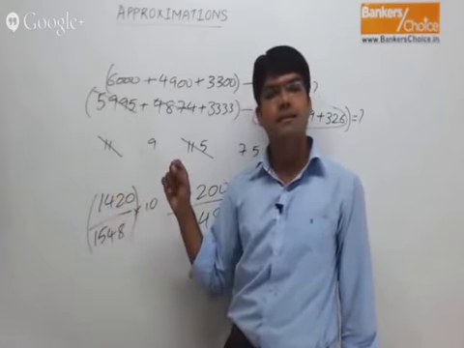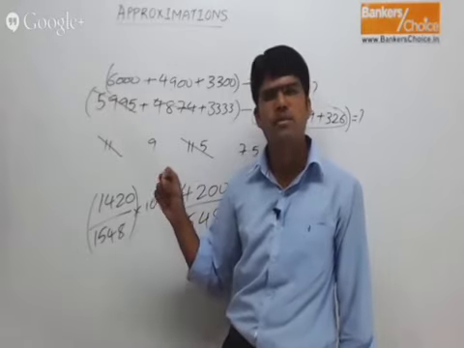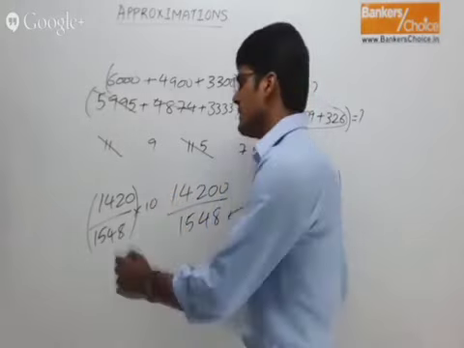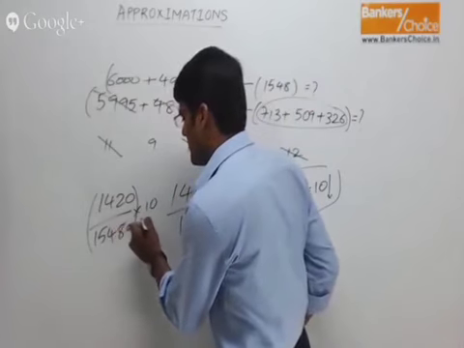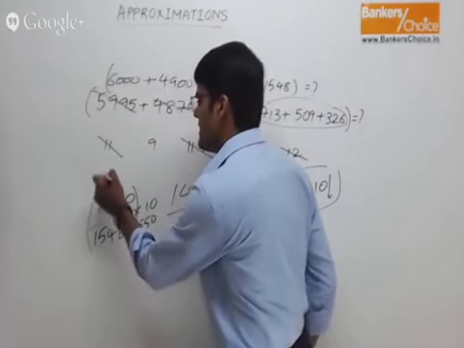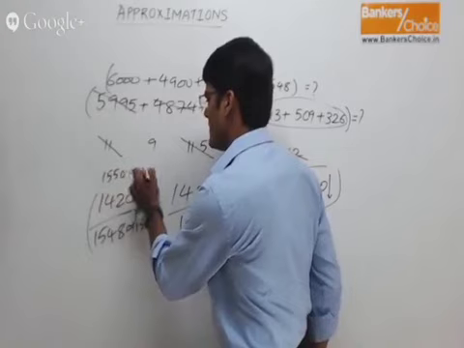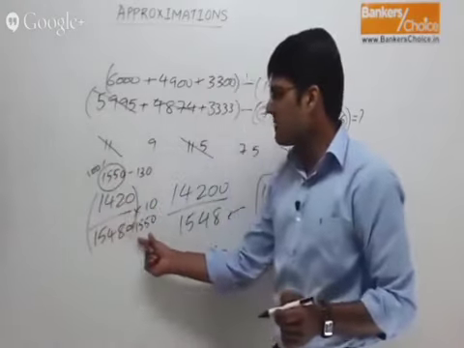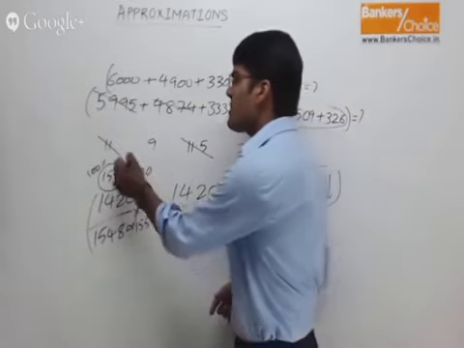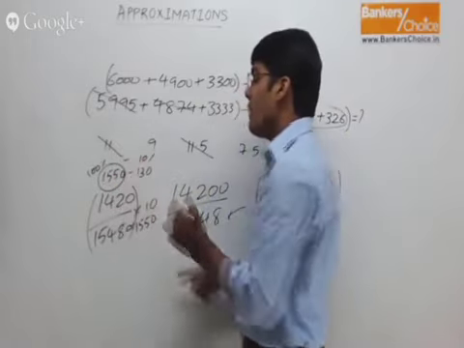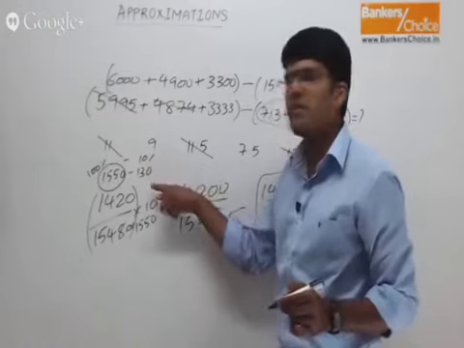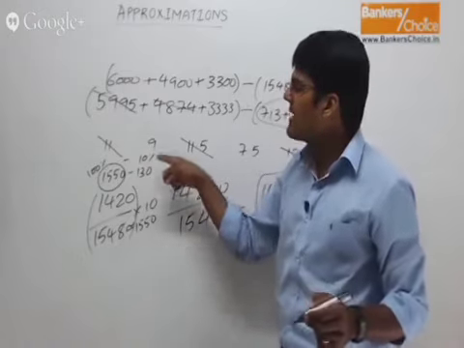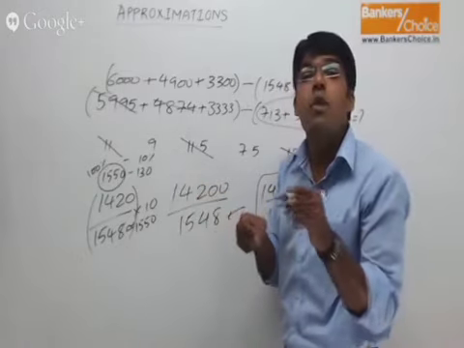So the denominator is approximately 1550, and the numerator can be taken as 1550 minus 130. So this is 100%, because the denominator is always 100%, minus approximately 10%. 155 is 10%, and 130 is less than 155, so less than 10%. So 100% minus 10%, 90%. 90% is 0.9.